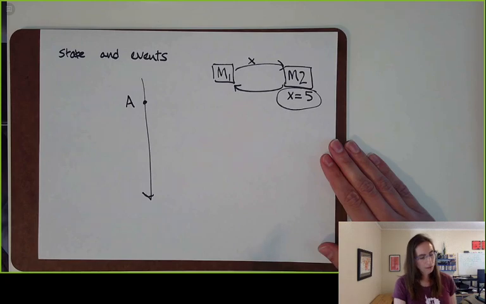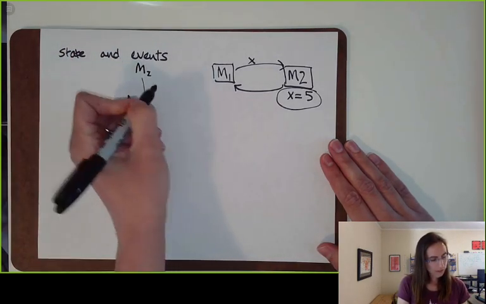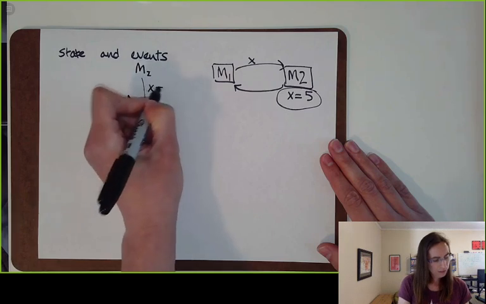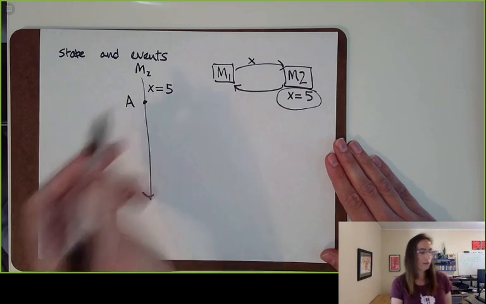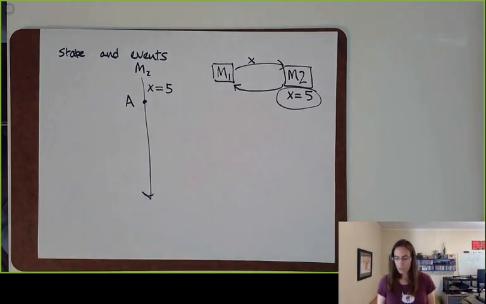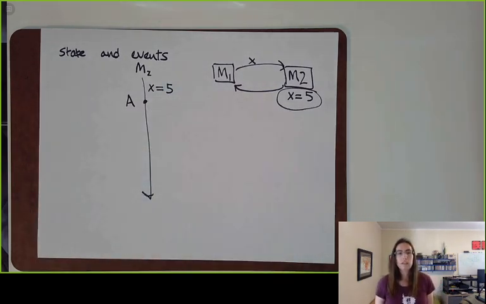So maybe this is M2, and it knows that X is 5. Well, how did it know that X was 5? I'm going to argue that whatever the contents of this computer's memory are at a certain point, it's completely determined by all the events that have happened up until then.